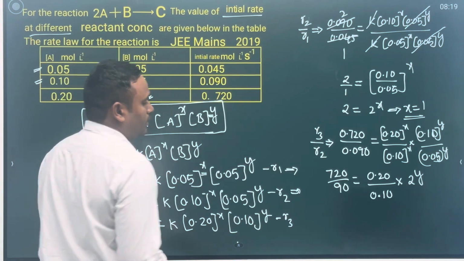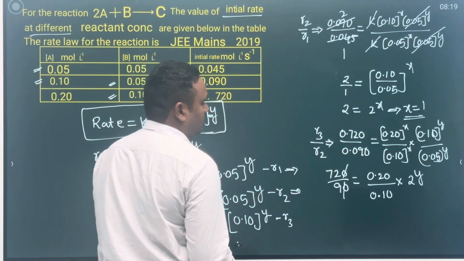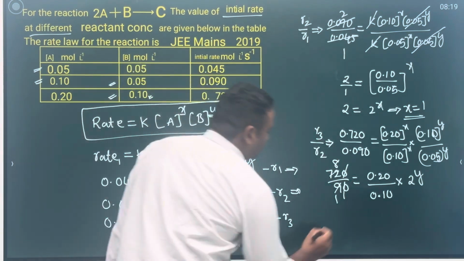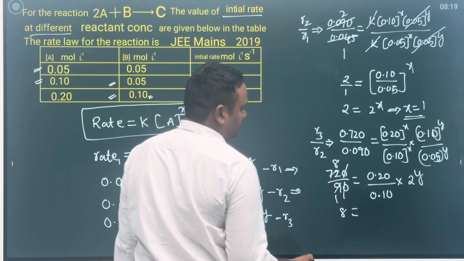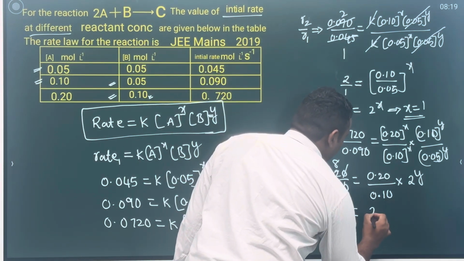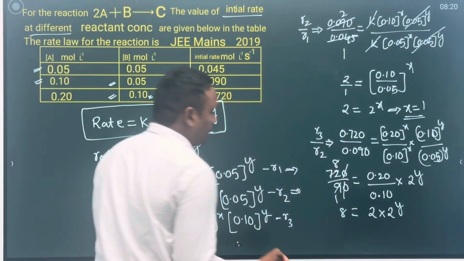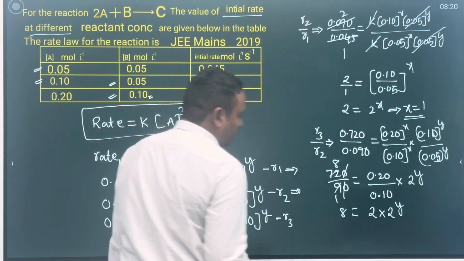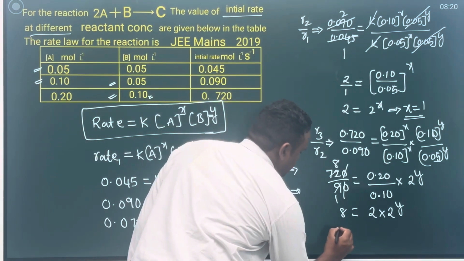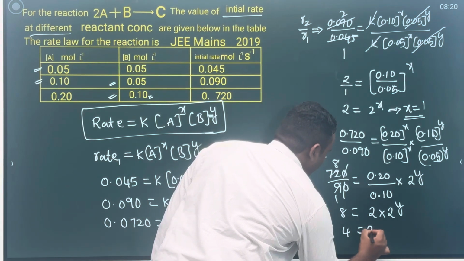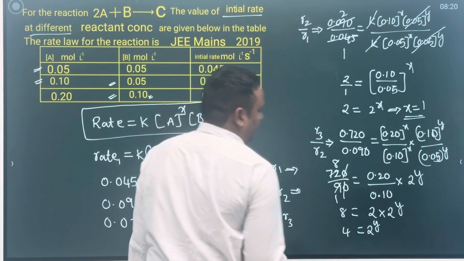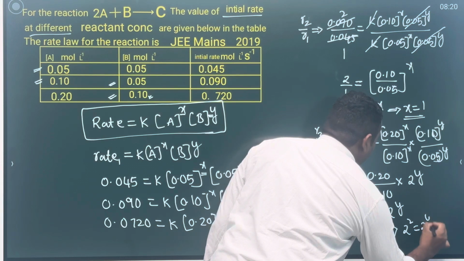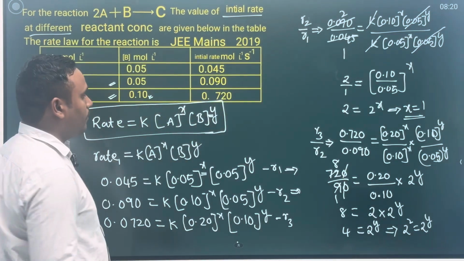Here 0 will cancel out, 9 ones are 9, 9 eights are 72, so here 8 is equal to 2 into 2 power y. So bring this 2 to this side, and it becomes 4 is equal to 2 power y. Therefore 2 square is equal to 2 power y.